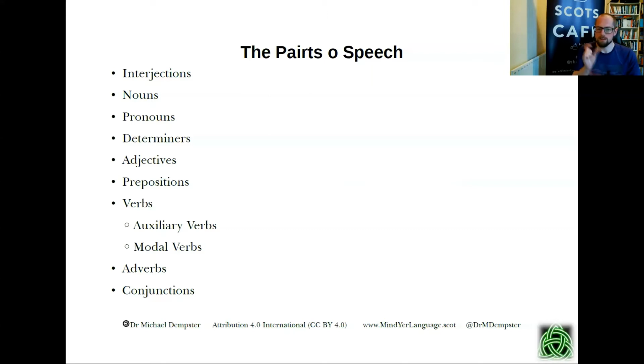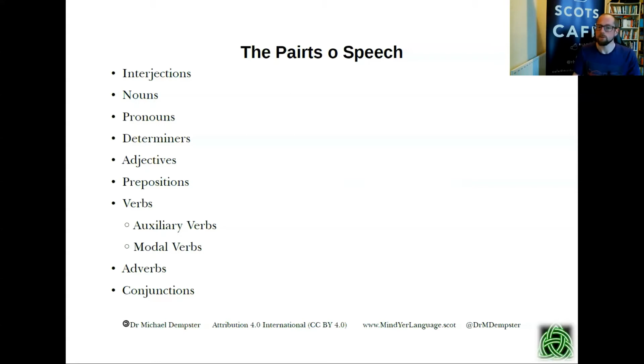Determiners attach to nouns, so you would say the coo, or the water, or the socks that's lying over there. So they add to that.